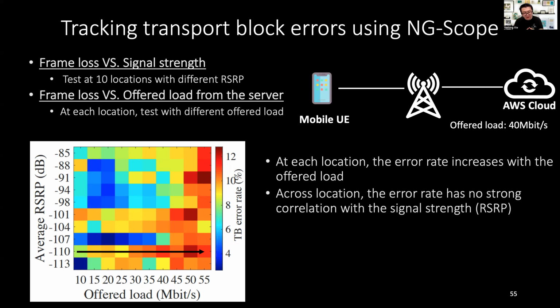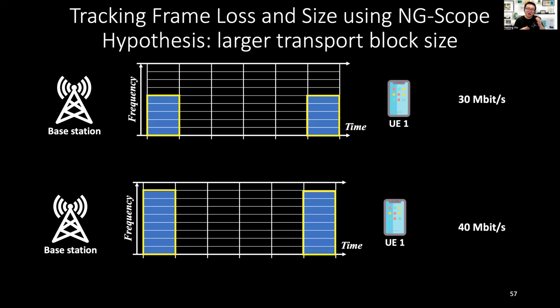But across different locations, even though they have different signal strengths, we don't observe obvious patterns in the transmission errors. This is very interesting, and our hypothesis is that when the base station is transmitting at a higher speed to the user, then inside each subframe, the base station needs to transmit more bits, which results in a larger transport block. And a larger transport block with more bits has a higher chance of receiving bit errors.